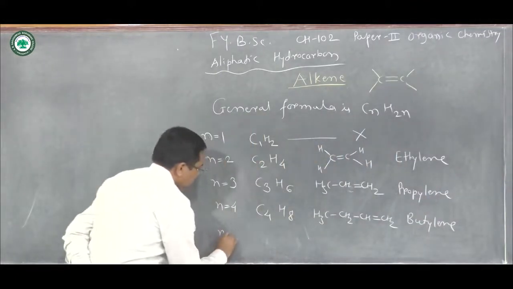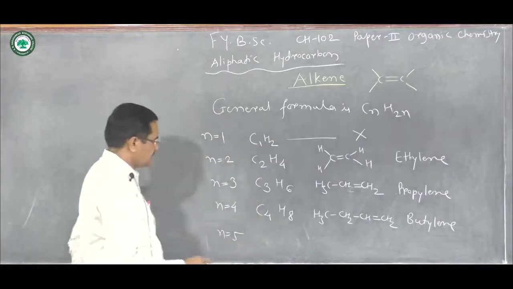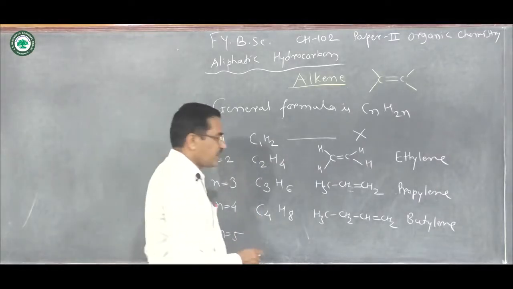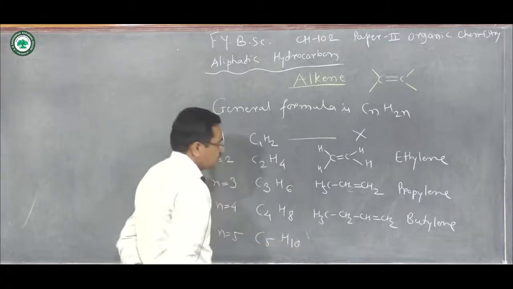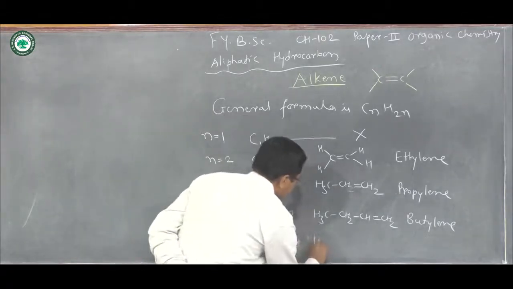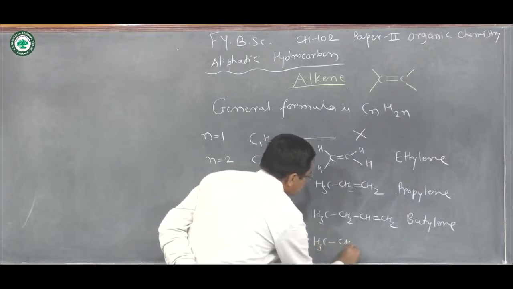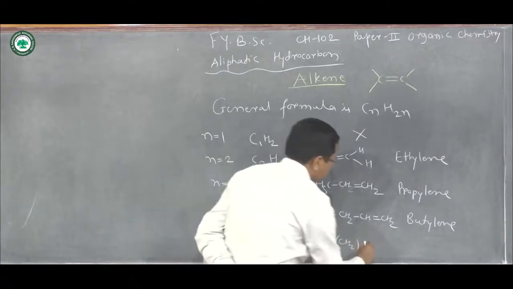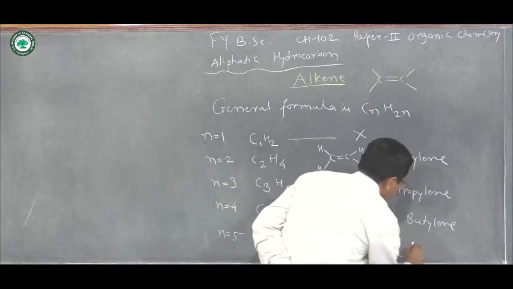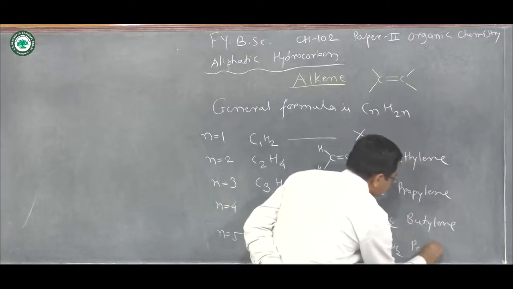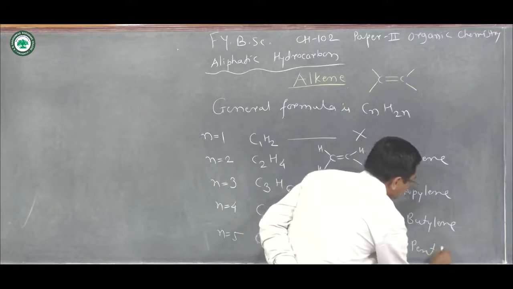And we will see one more example where n equals to 5, C5H10, and here CH3 CH2 by 2 CH double bond CH2, and the compound is pentene.